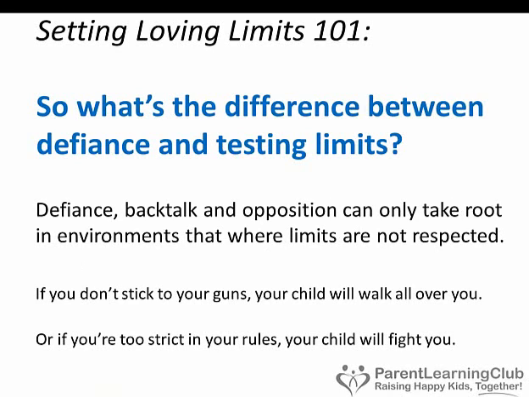So here we have the two ends of the polarity. We have permissive parenting where we don't stick to our limits. We don't create an environment where we respect the limits, and our children therefore won't respect them, and they'll walk all over anything we say. Okay? But if we're too authoritarian, if we're too strict with our rules, then that will really inspire a child's rebellious nature, and they'll start to fight against us and really challenge us.